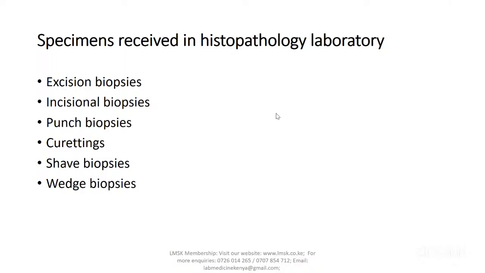I was trying to talk about the types of biopsies, and we had looked at the curettings, which are samples taken through the D and C procedure, the dilation and curettage procedure, whereby you use an instrument called a curette. A curette is spoon-like, and is used to scoop or scrape samples from a body cavity.